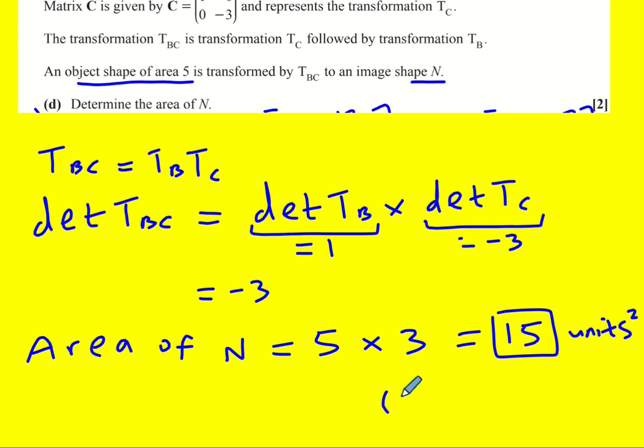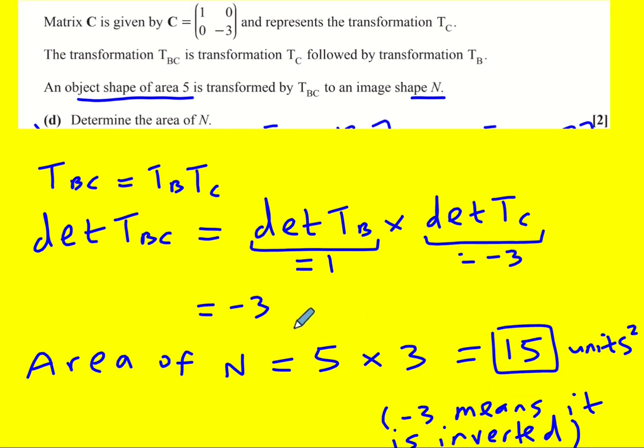Notice the minus 3 means it is inverted. It's like when you do a rotation by 180 degrees, it ends up being upside down. So that would be the effect of this transformation, but the minus doesn't actually affect the area; it just affects the orientation at the end.